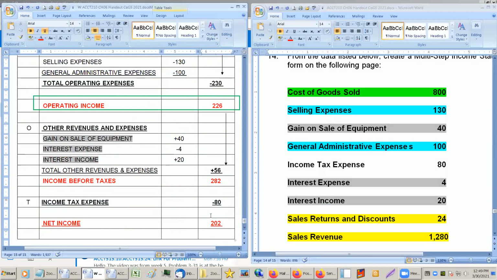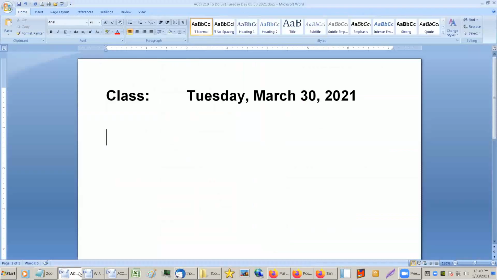I think that's it for the handout. Oh, I should have done this at the beginning of class. So today we finished this, and it will be entered as an assignment.